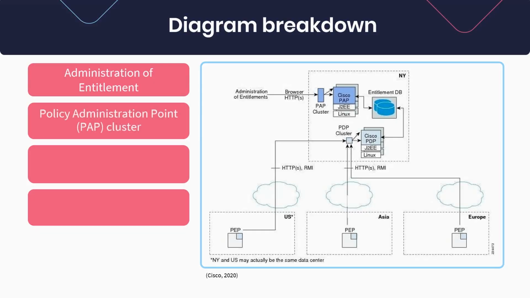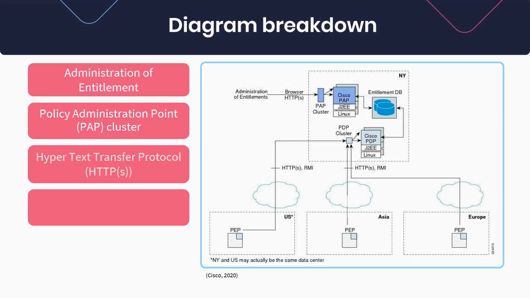The Policy Administration Point, or PAP cluster, comprises the components that enable the company administrator to create and edit digital policies on the network. The PAP can also be referred to as the Policy Management Authority, PMA, due to the fact it helps manage different policies in a network.